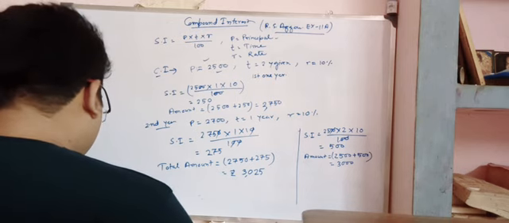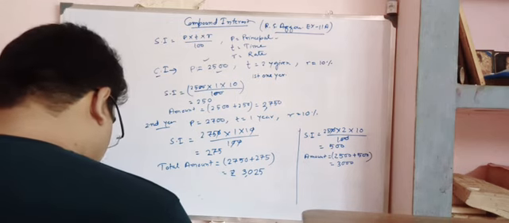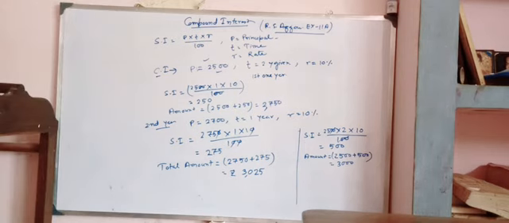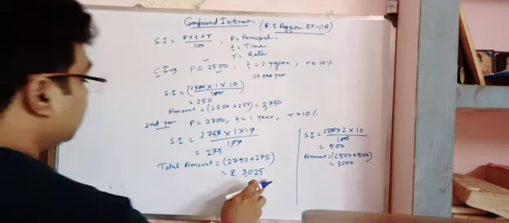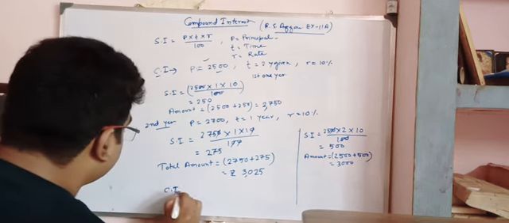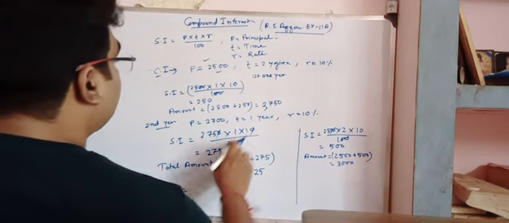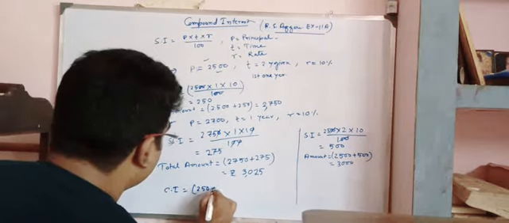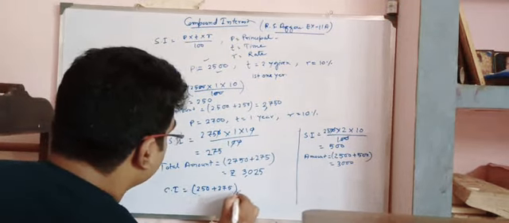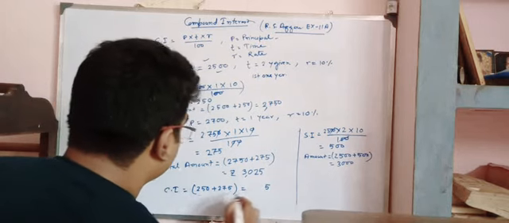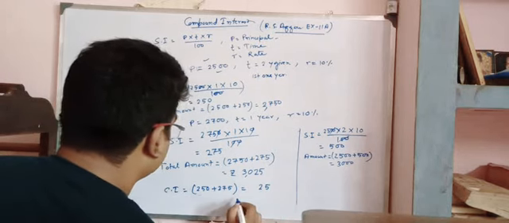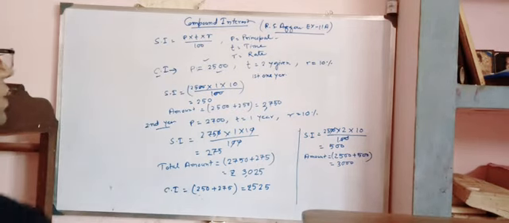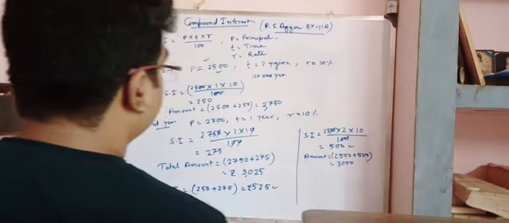We have to compute only by formula. Okay, so here my total amount is this and compound interest is what? This plus this, 250 plus 275. So this is my compound interest and this is my simple interest.